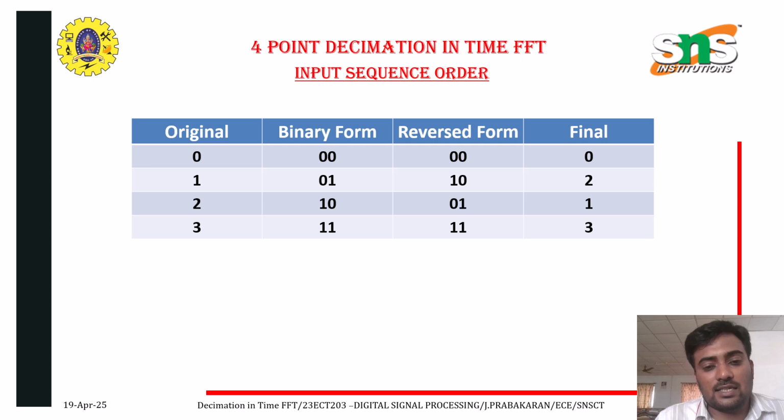Then its bit reversed form is 00, 10, 01, 11. The decimal values of these binary numbers are 0, 2, 1, 3. This order you have to map on the input side.